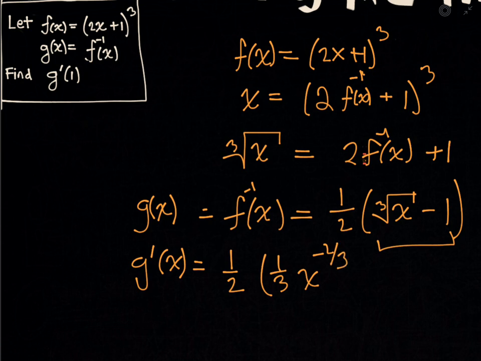And we take the derivative of negative 1, it's a constant, so it's 0. We could write plus 0, but we're not going to, and that is the derivative.